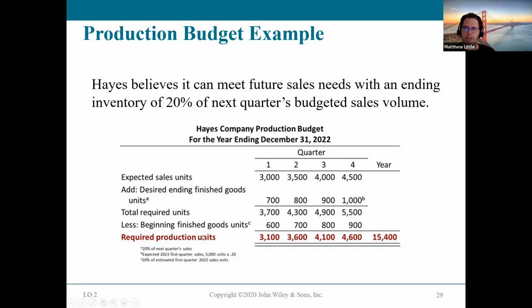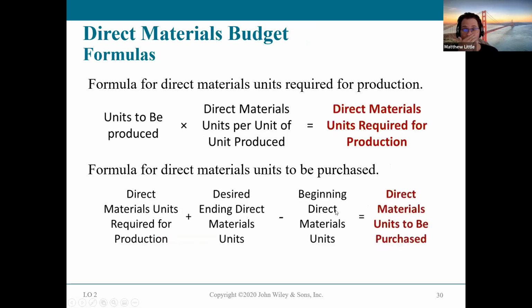So for our production units then, for the first quarter, we need to produce 3,100. We're going to sell 3,000. The extra is going to go to inventory to help support the next quarter. And therefore, over the 4 quarters, we want to produce 15,400 units.